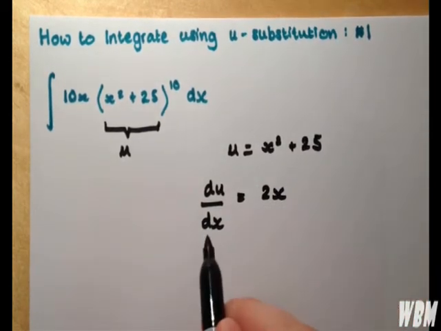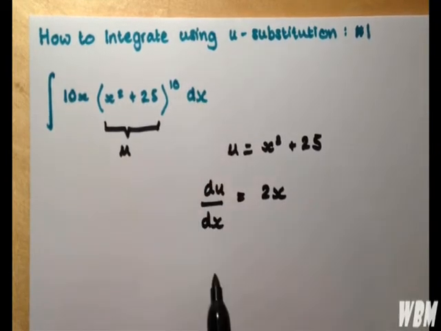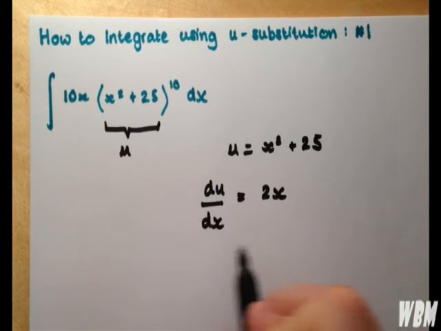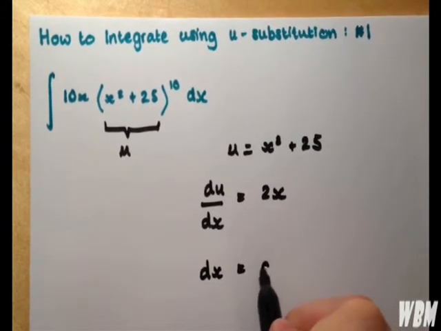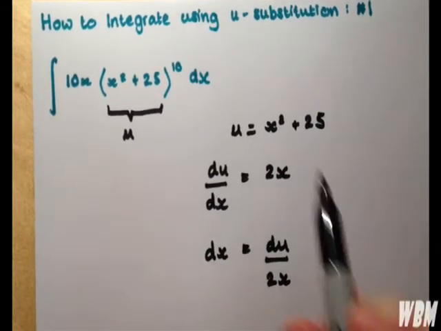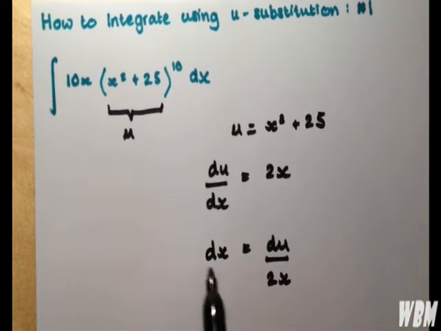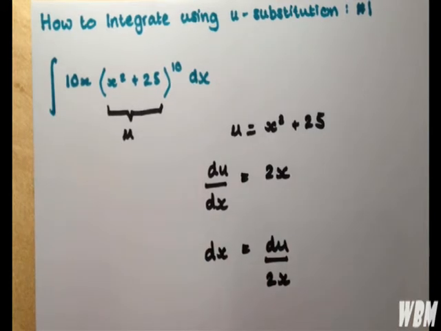And we want it in terms of dx so that we can substitute that in for this dx term. So we are going to rewrite it as follows. And now we can take this substitution and this substitution and pop them into the original equation.